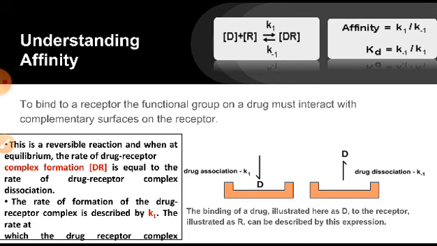K1 shows the association where D and R bind and make the DR, and K minus 1 shows the dissociation where D and R get separated again. If you need to know the affinity, you can say K1 by K minus 1, and Kd is equal to K minus 1 by K1. So like that, these pictorials will give you the information.